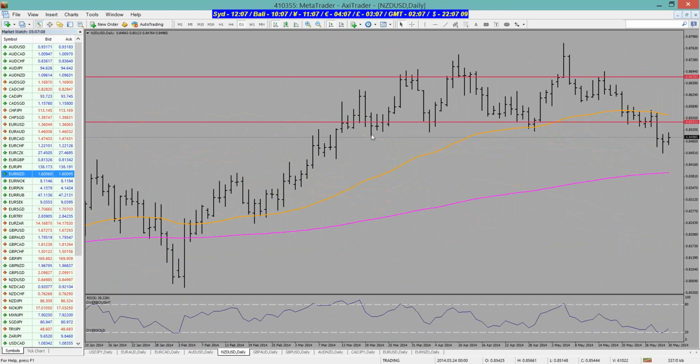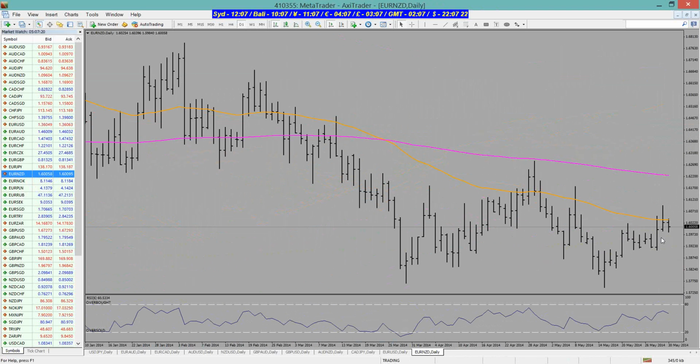It might get a pullback here, which is not as far as what the euro's got to go before it's going to make its way home further south. So I don't know how strong this setup is going to be. It also looks good. It's not really ideal.